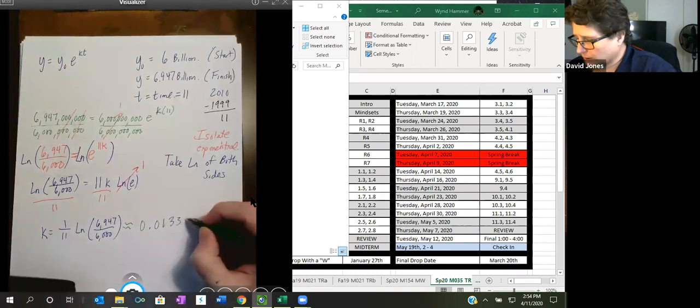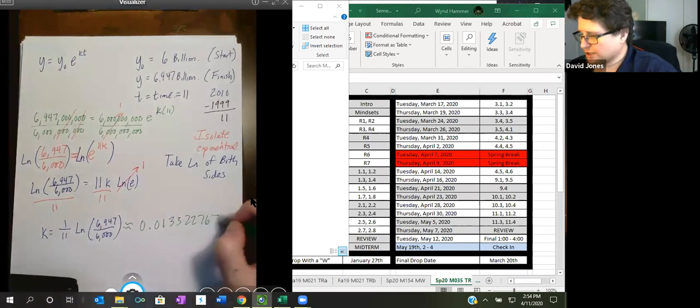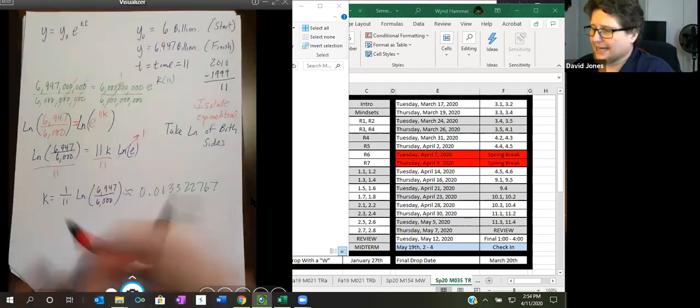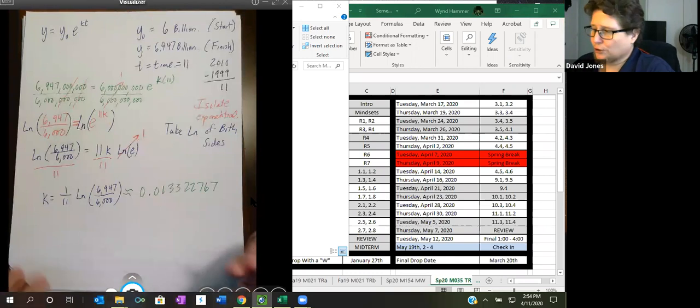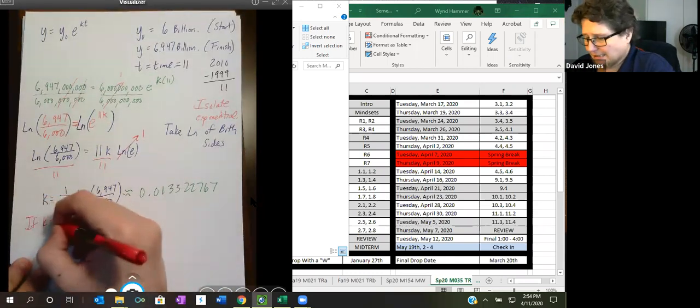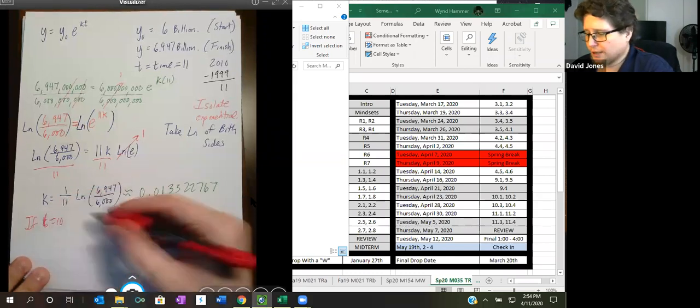I'm going to write them all. It's still an approximation because the calculator doesn't, it's an unending number. If it had been at the end of 1999, we could argue 2000, if T had been 10. This doesn't change much.